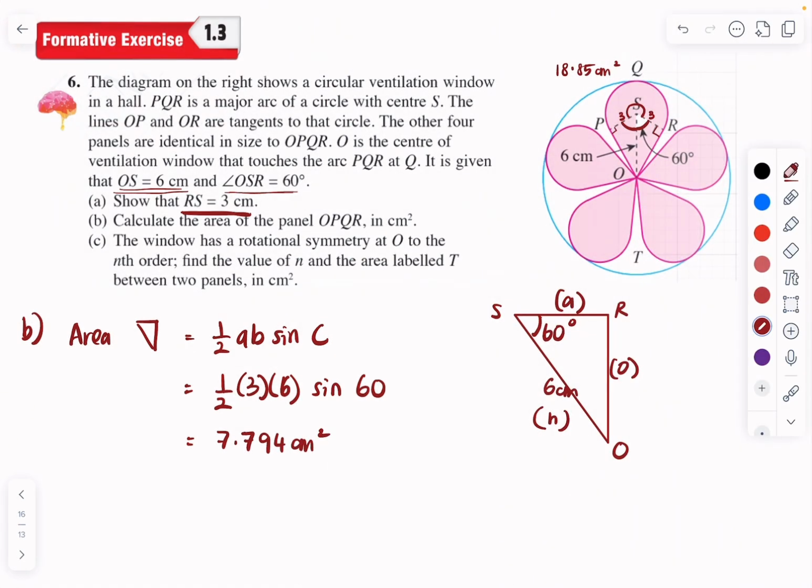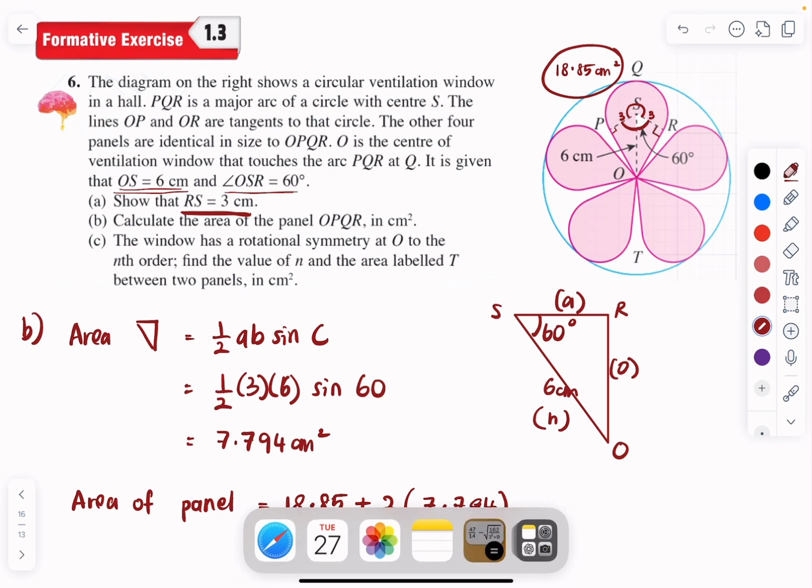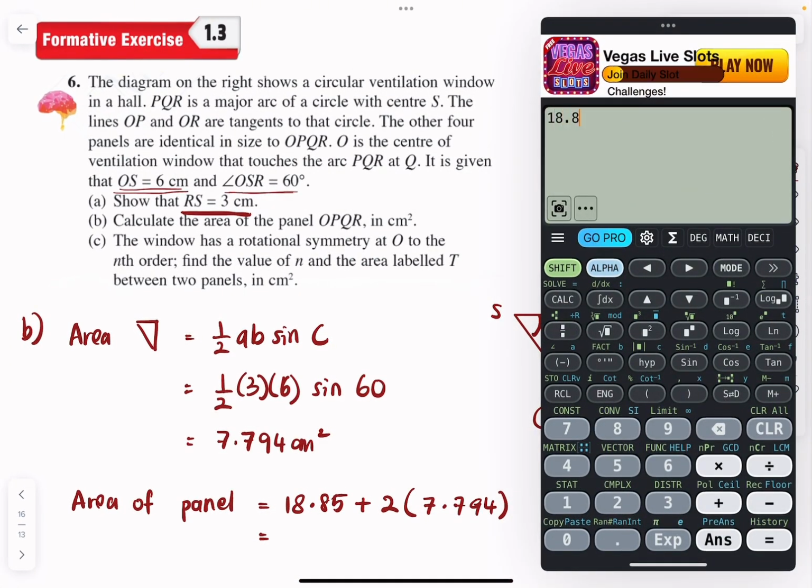So if you want to calculate the whole panel, you can say area of panel will be this area, 18.85, plus 2 of the triangles. So 2 times 7.794. That is 34.438, so 34.44 cm square.